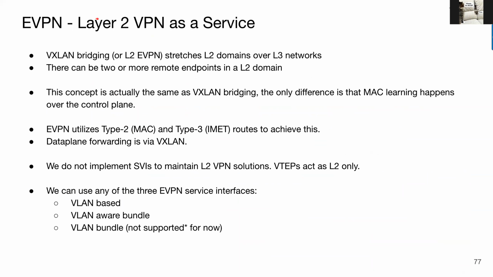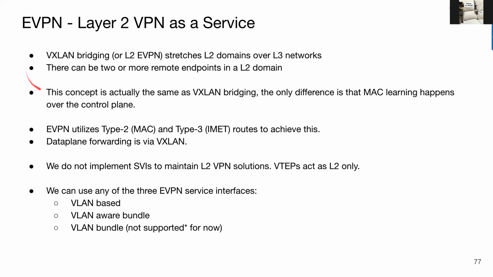So this is what our lab is for today, and probably carrying over into tomorrow. It's just doing a really basic layer 2 VPN. We're going to be just bridging between VLAN 10 and VLAN 30, which is just typical VXLAN bridging.